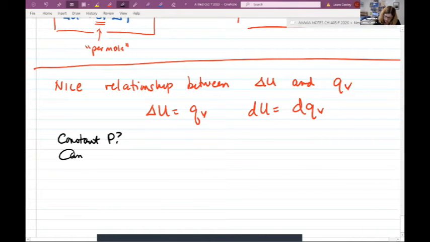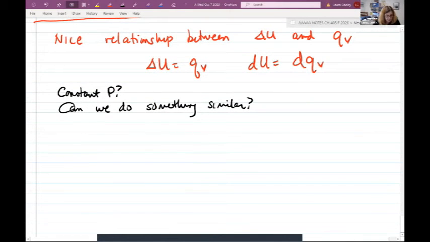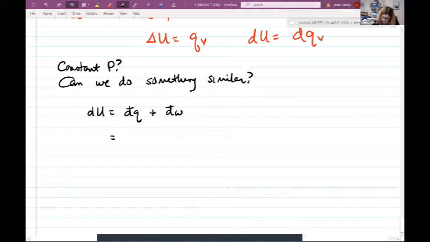So what about constant pressure? Can we do something similar? If we try to do that, we start with our first law in differential form. I often leave out the slashes, but I'll try not to here. I know that there are two types of work.